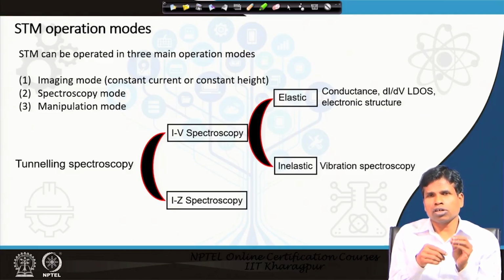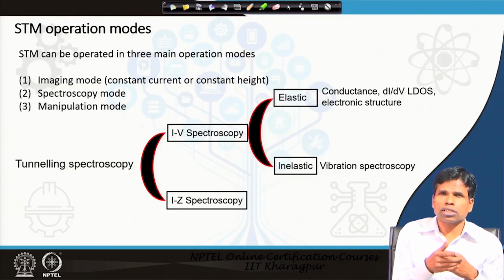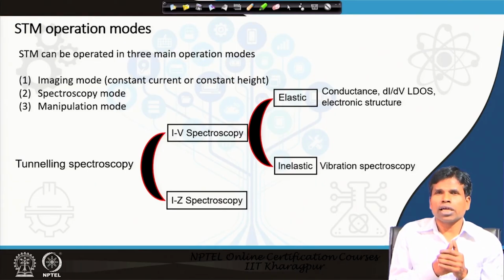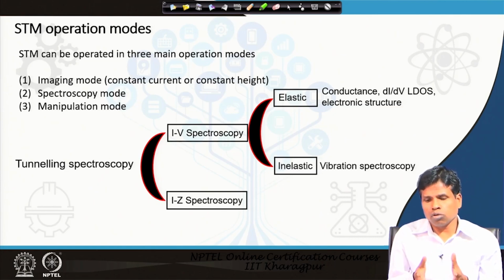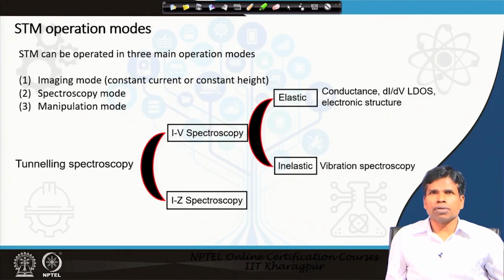If the energy of the tunneling electrons changed because it is utilized for a process, then it is called inelastic, and this provides vibrational spectroscopy. We are not going to discuss inelastic or vibrational spectroscopy, but mostly we will concentrate on elastic or IV spectroscopy, particularly the conductance measurement and dI/dV measurements.